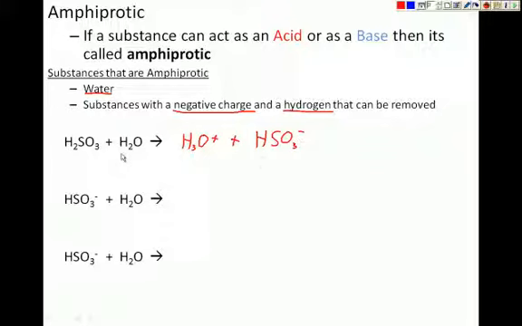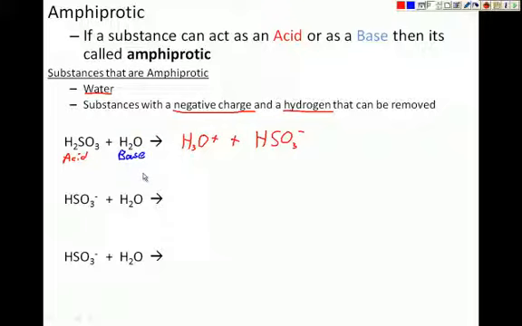Now, let's look at what H2SO3 is doing here. Now, this is donating a proton, so therefore this is acting as an acid, and H2O is accepting a proton, and so therefore this is acting as a base.